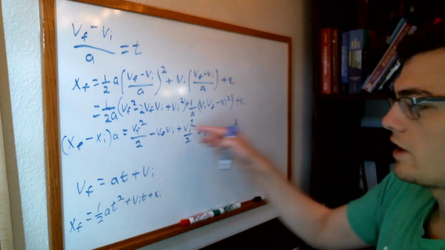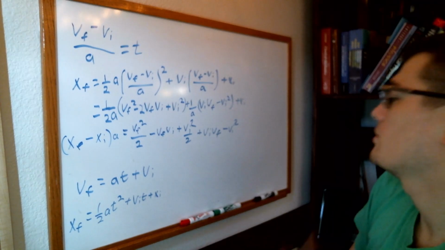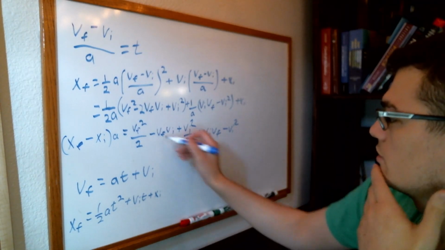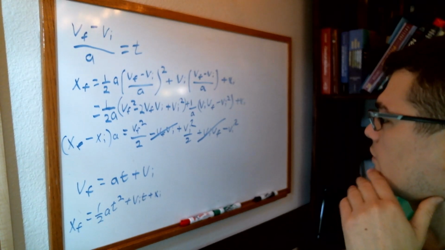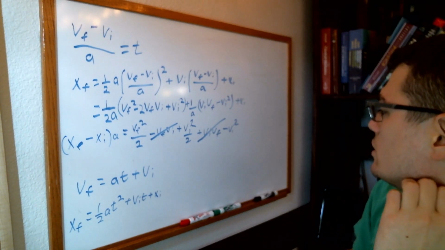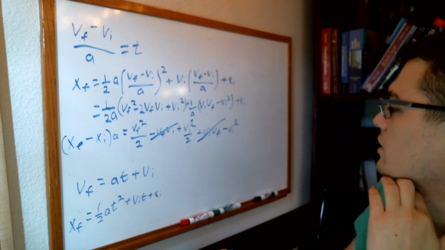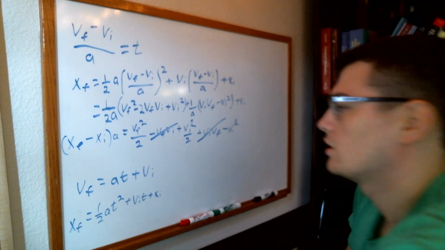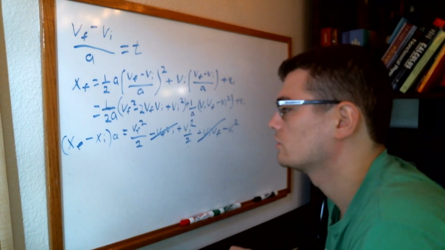And we've gotten rid of that xi that's over here now. So now we can collect some like terms here. So these are going to cancel right off the bat. And then you can combine these two terms. So this is going to give you a negative vi squared over 2.